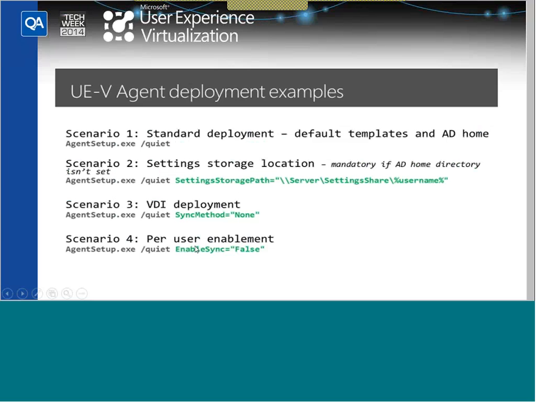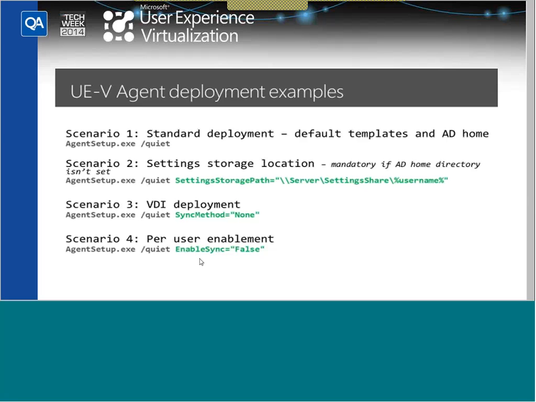Per user enablement, okay, we can enable sync on a per user basis. So as I said, there are computer settings, and a lot of the settings are also replicated on a per user basis. Now, unlike standard settings where the computer normally overrides the user settings, UE-V is the other way around. So if any setting applied to the user is different to the computer, the user overrides the computer setting.